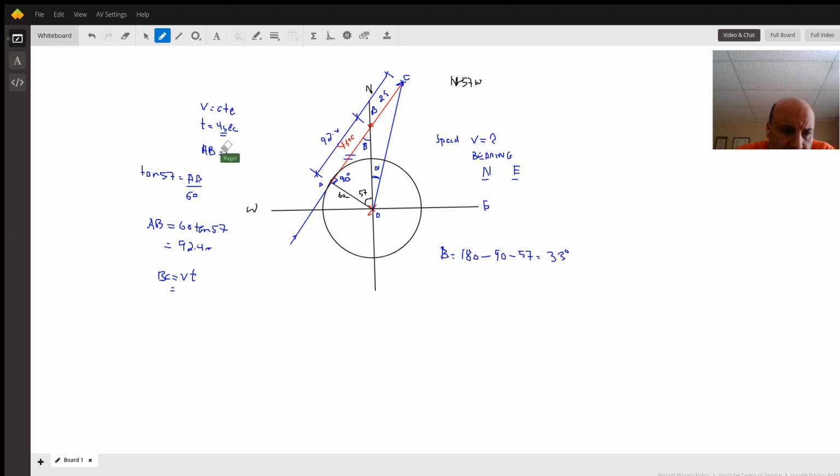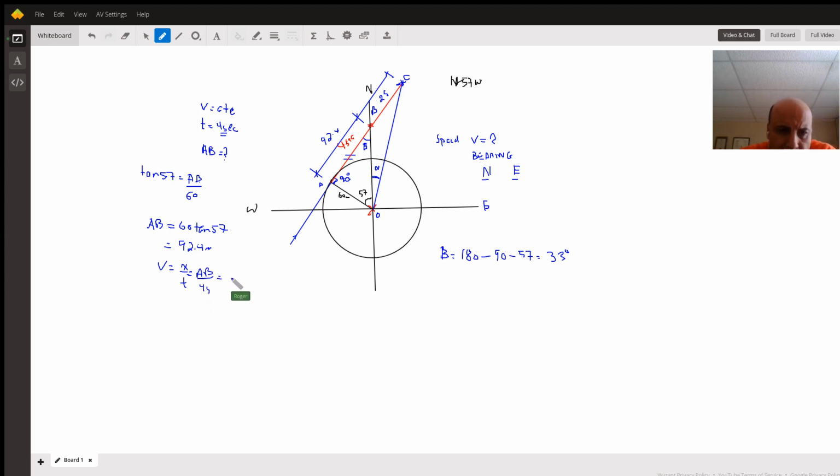Let's not do this yet. I want to determine the velocity when it traveled in 4 seconds. It's very easy. The velocity is equal to x over t, right? Well, x is the distance AB, which you just determined, divided by t, which is 4 seconds.